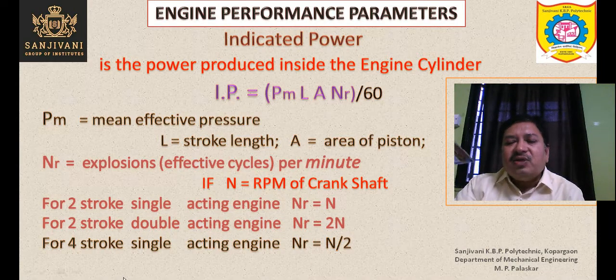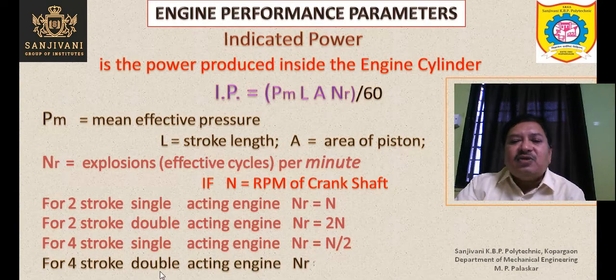So NR is equal to N by 2, because in 2 revolutions we are getting 1 effective cycle and the engine is single acting. But if the engine is double acting, though it is 4-stroke, then this NR becomes equal to N.